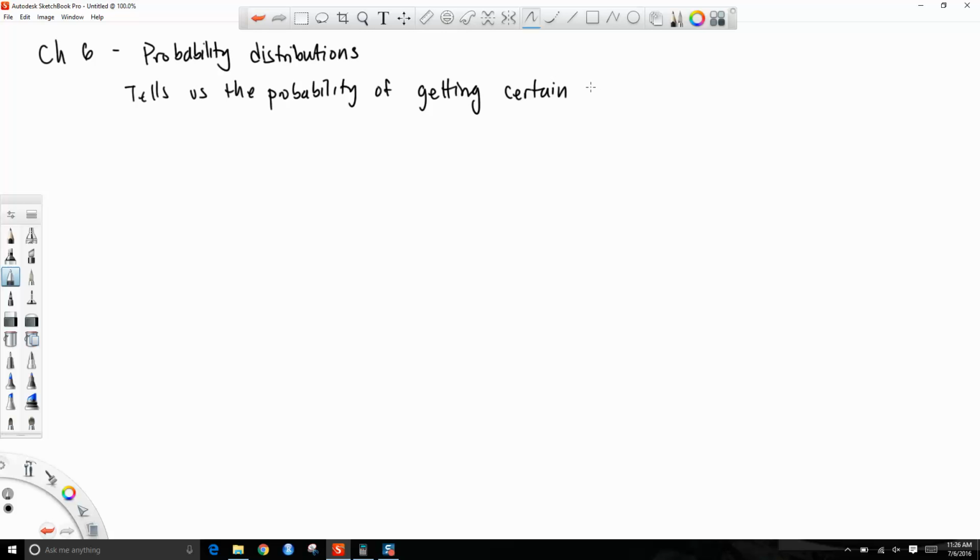For a numeric variable, and we represent these with what we call density curves.